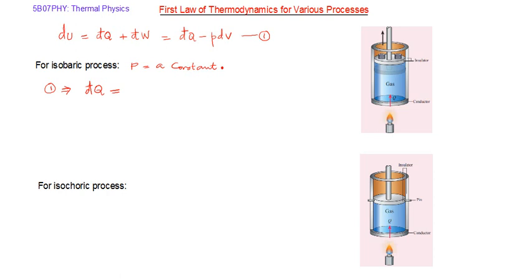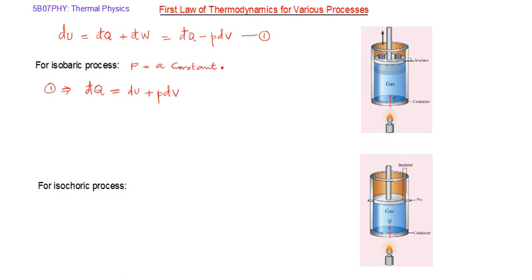The minus P dV term will be taken to the other side, so d bar q will be equal to simply dU plus P dV. So this is not a new equation, where this P dV actually represents the work done.